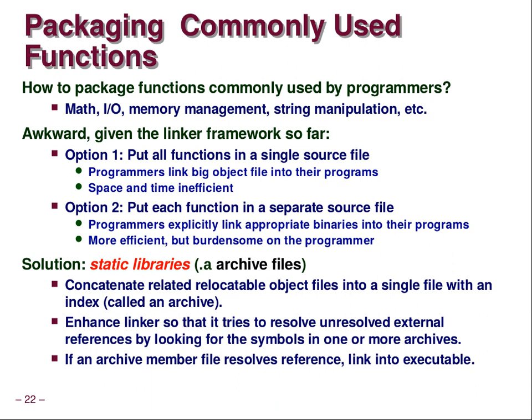So one solution is a static library. This is a .a. This is not a DLL yet. We're moving over to a DLL or a .so later. Right now we're talking about a static library. This has a bunch of object files all inside of one. So you might have a static math library, a static GUI library, and so forth.